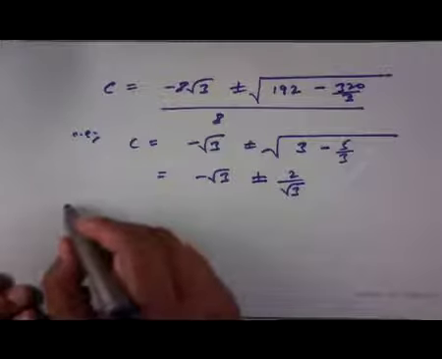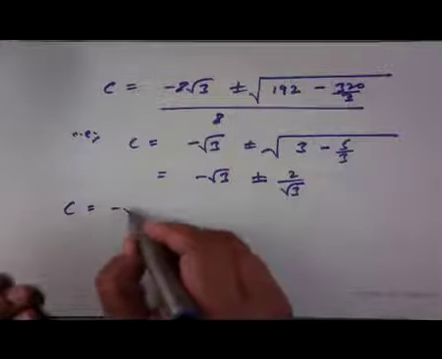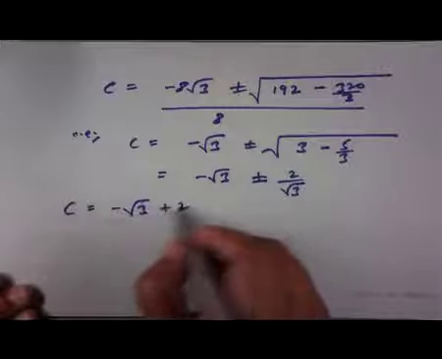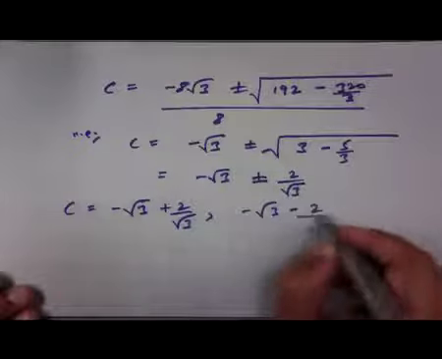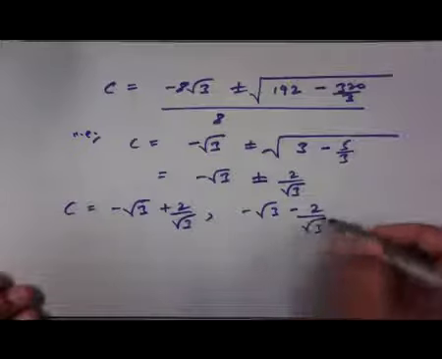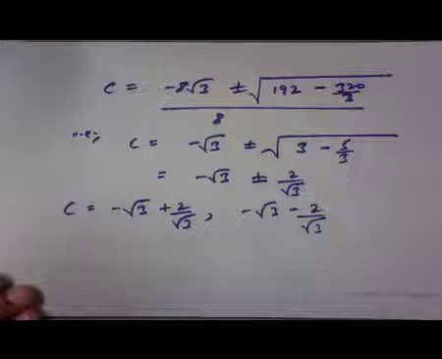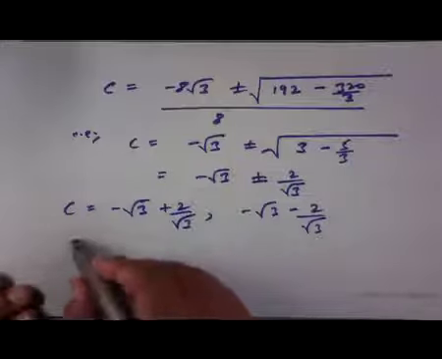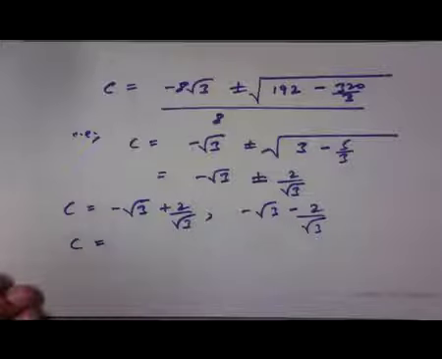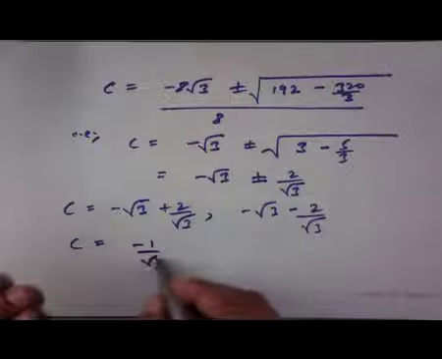So, the two values of c are this and, if we simplify them further, these are the two values.